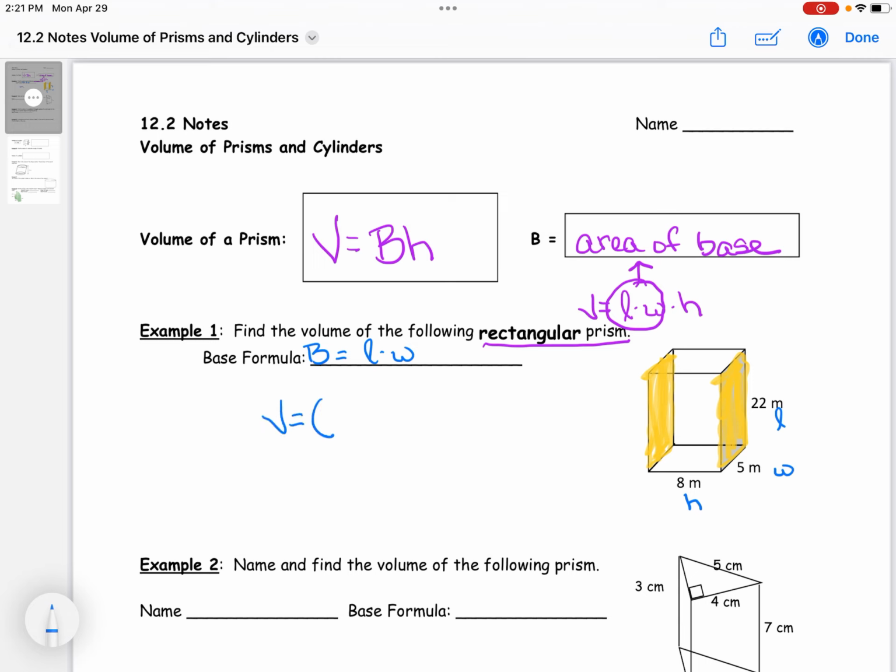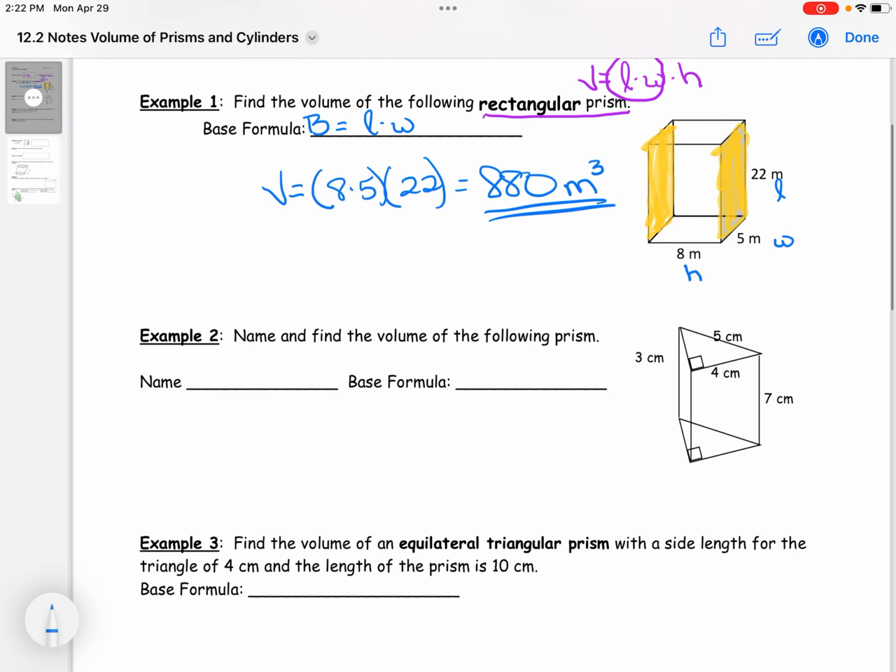So volume equals 8 times 5 times 22. Our units are cubed because we're multiplying meters times meters times meters, which is cubic meters.